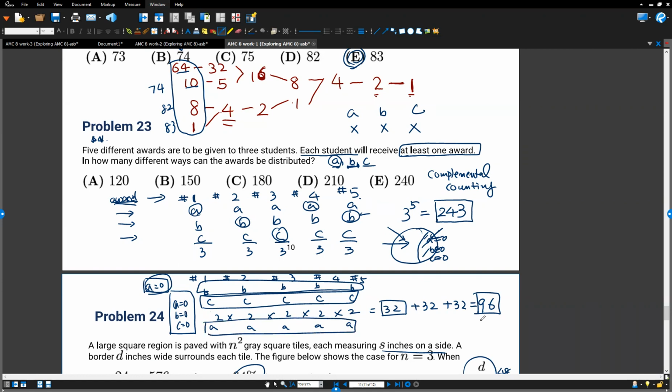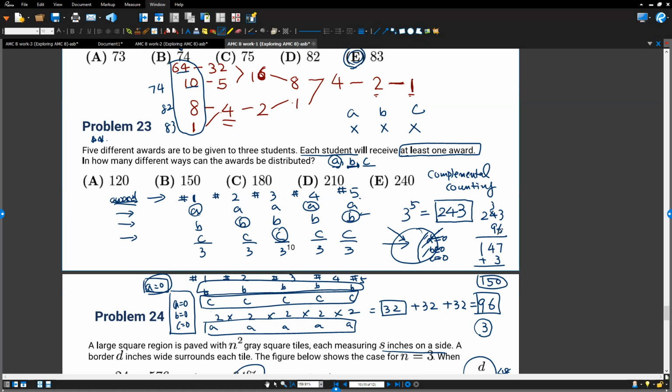So finally, you add 3 over here. So 243 minus 96 is 147, and you add 3. So 150 is the answer.